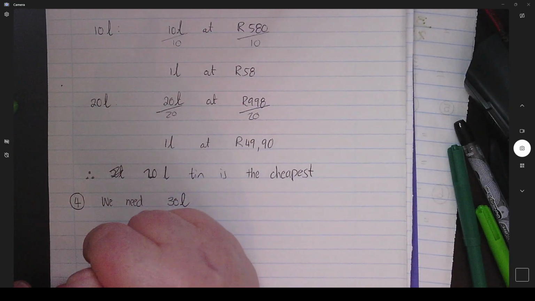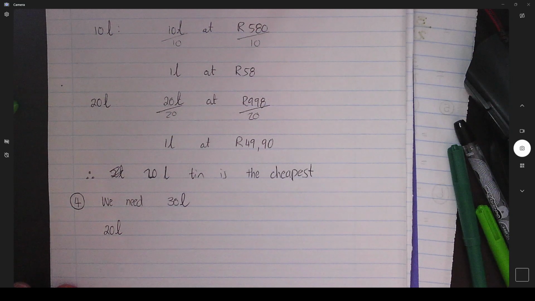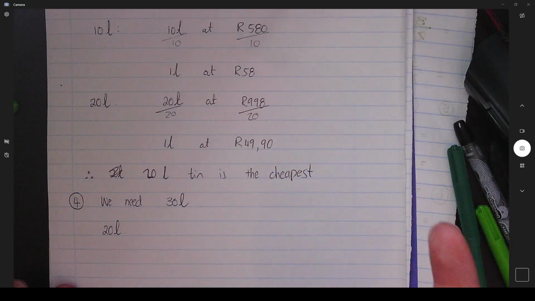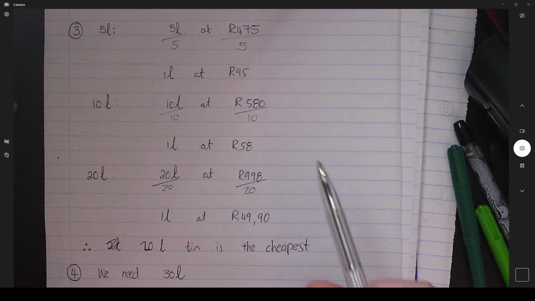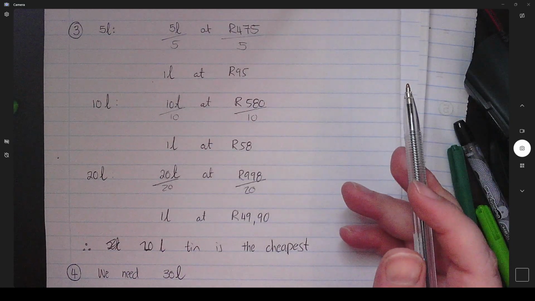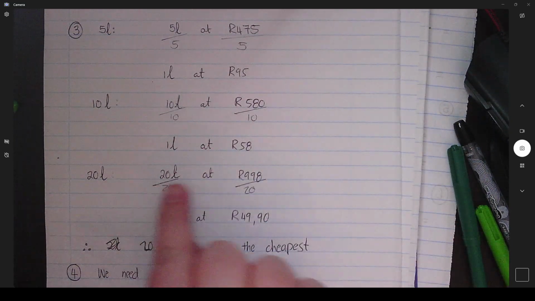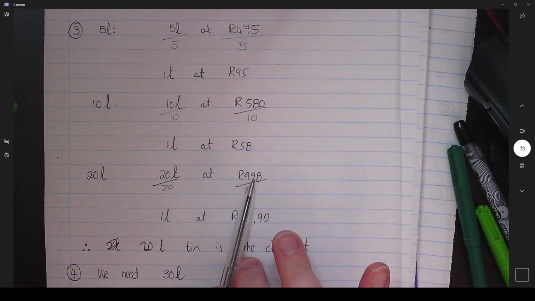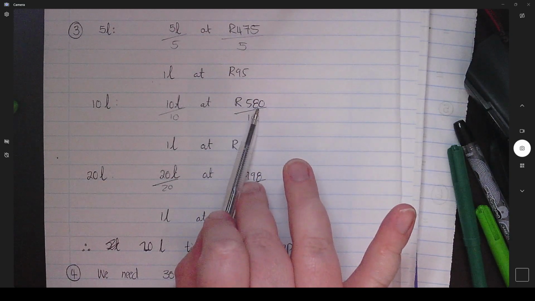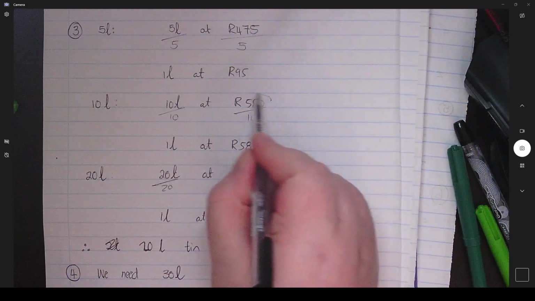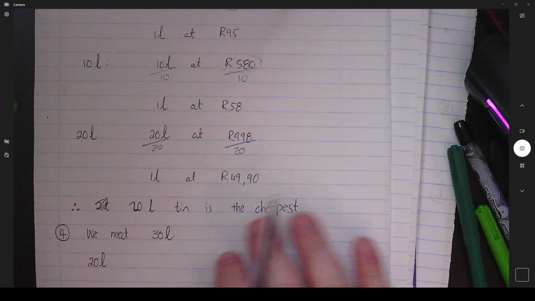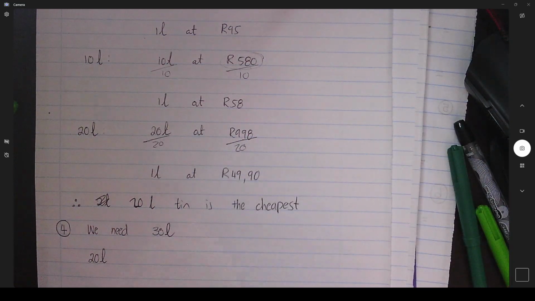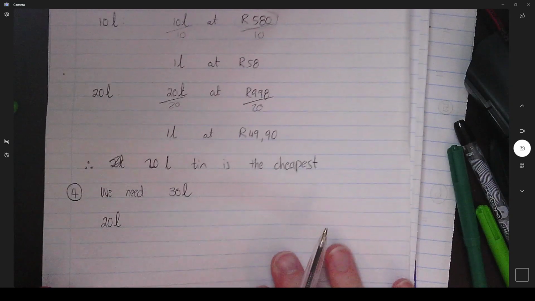Obviously, you want to buy 1 20 liter tin. And then we want an additional 10, correct? So is it cheaper to buy 20 liters or 1 10 liter? It makes more sense to buy an additional 10 liter because the other will be more expensive and we will have more waste, right?